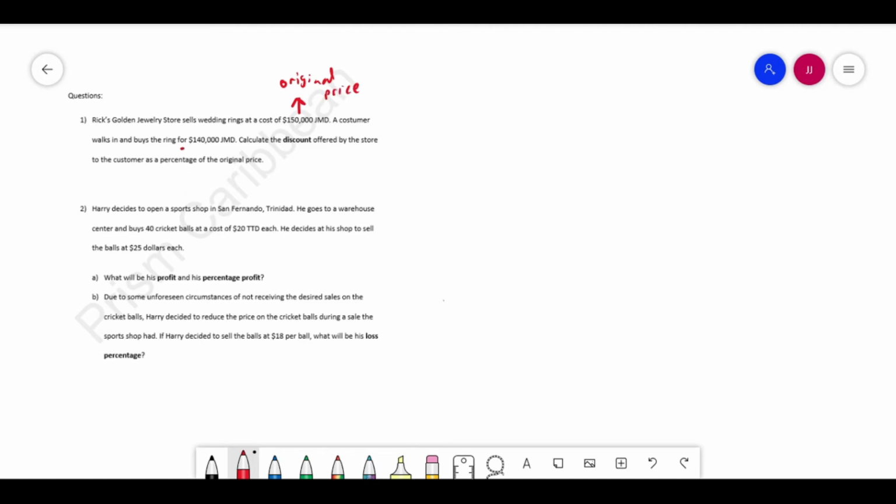And the $140,000 is the new price. So we want to find the discount offered by the store. To find the discount, this will be the original price minus the new price.